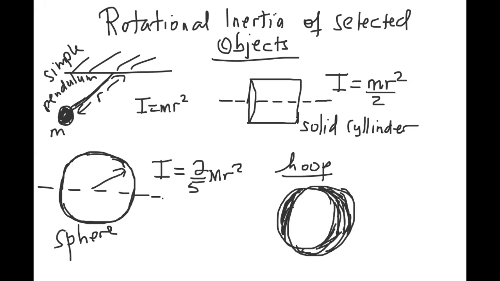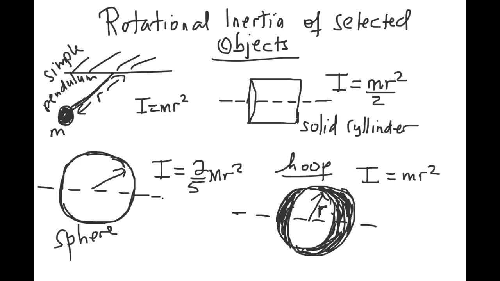For a hoop, if the axis is through the center, and this is the radius of the hoop, rotational inertia will be given by m r squared.